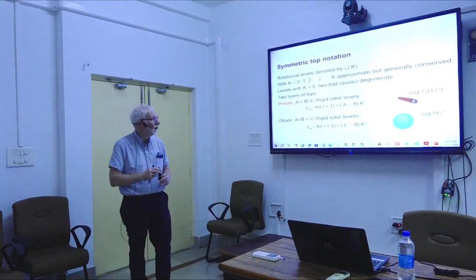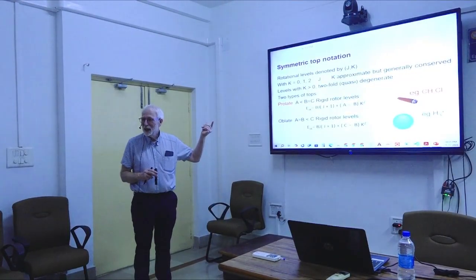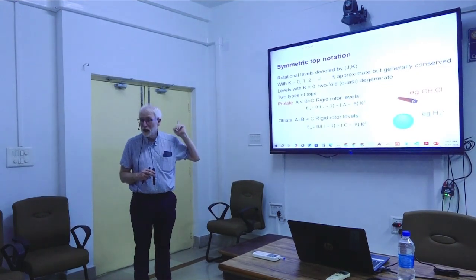There are actually 2J plus 1 Ks, but they're degenerate if K is not equal to 0.